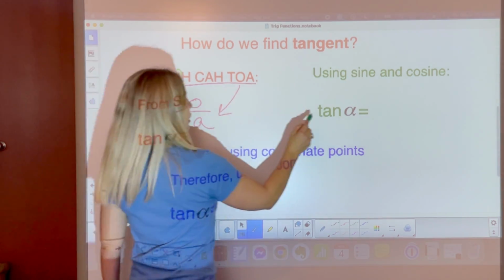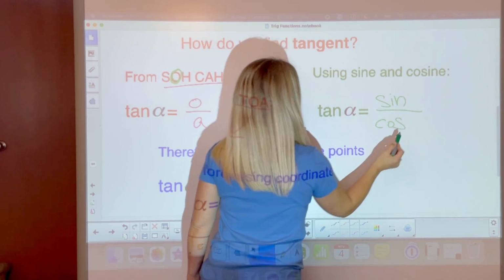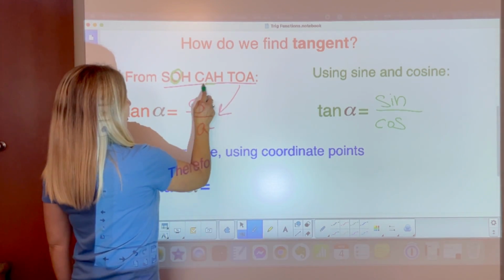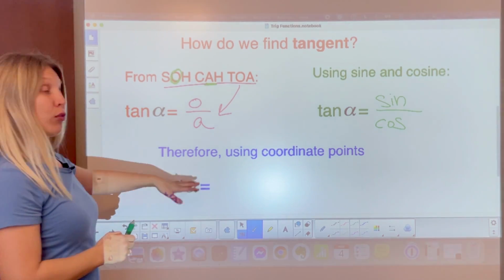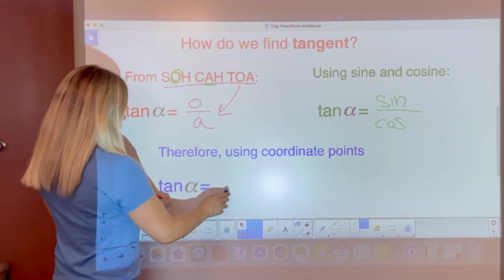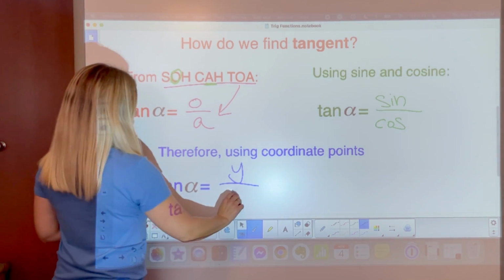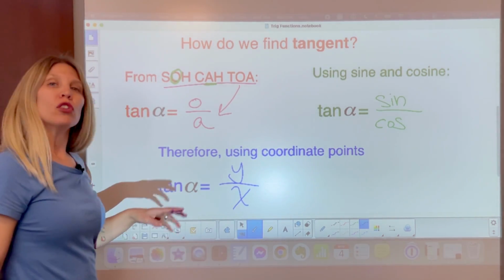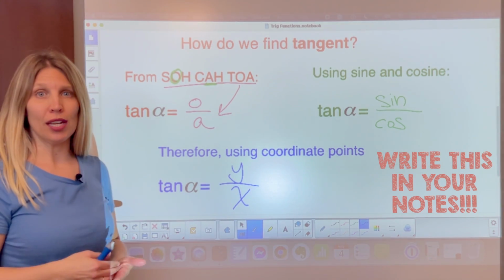That's sine. So this is going to be sine in your numerator and cosine in your denominator, because cosine is the one that uses adjacent. But if we're using x, y coordinates, remember, sine is your y value and cosine is your x. So these are 3 different ways that you can find out what tangent is.